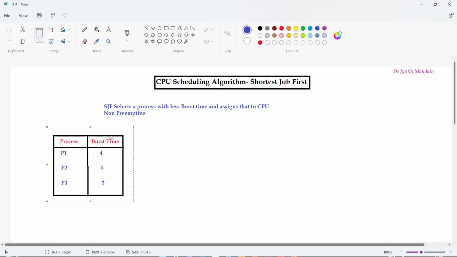Observe one point: there is no arrival time mentioned here. That means let us consider all the processes are arriving at the same time. Let us understand how shortest job first works in that scenario.